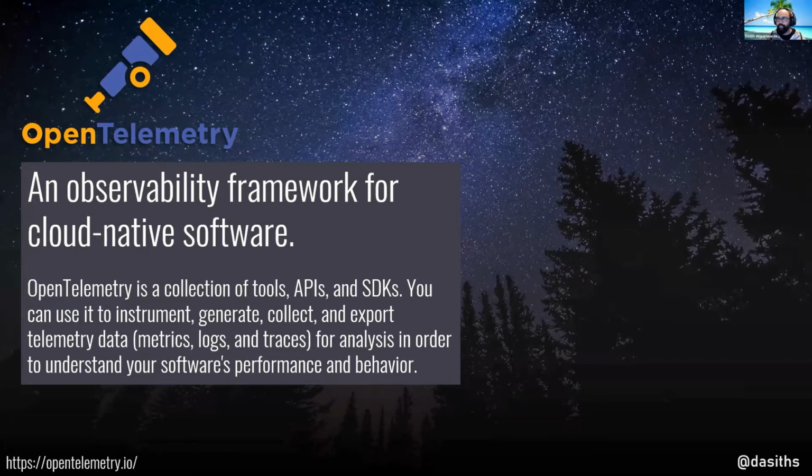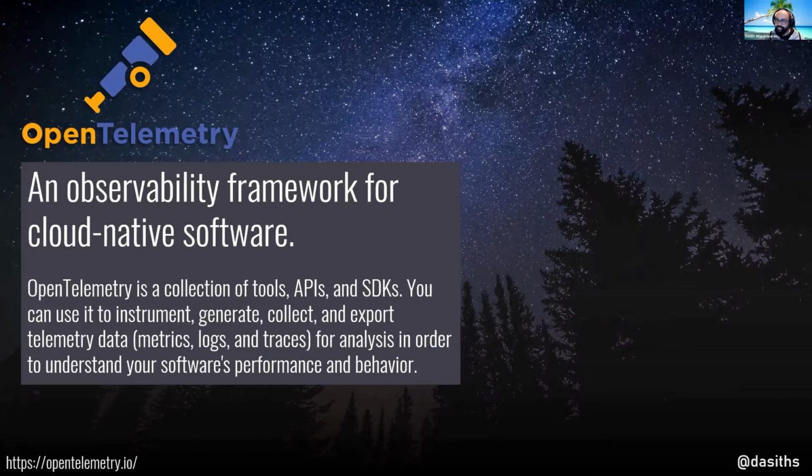So Zipkin, Azure Monitor, Jaeger, Prometheus. Even though they have their own protocols, OpenTelemetry has a way of collecting telemetry data in a vendor-agnostic way and then forwarding it to specialized backends. And it's a proud member of the Cloud Native Computing Foundation.